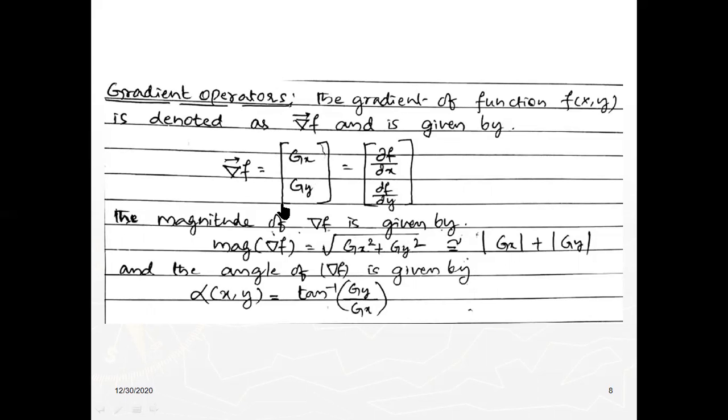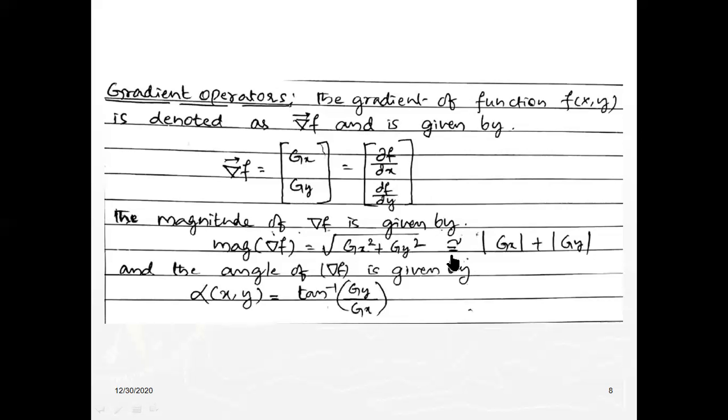Basically it is a column vector with two elements, Gx and Gy. Gx is the gradient along the x direction and Gy is the gradient along the y direction. The gradient in the x direction is dou f by dou x and along the y direction is dou f by dou y. The magnitude of del f is the square root of Gx square plus Gy square.